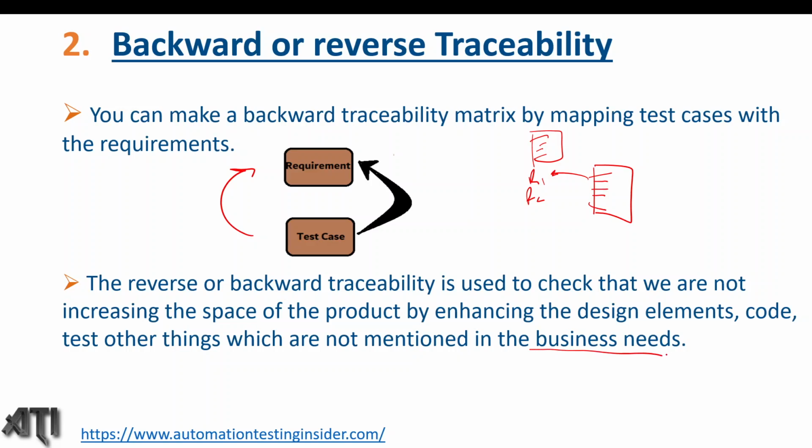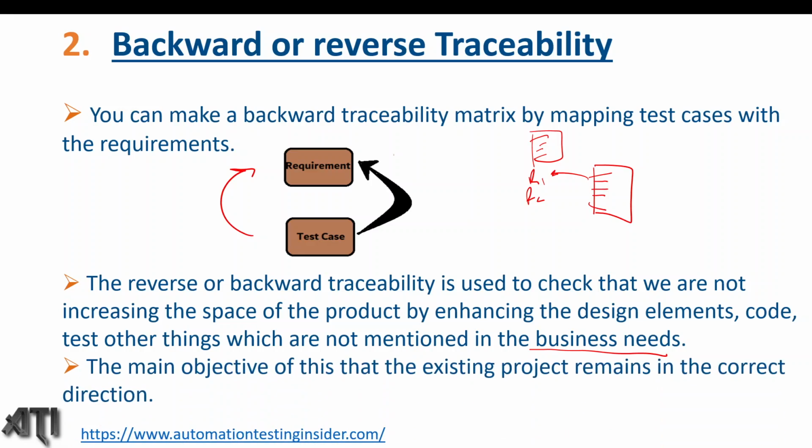This is the main important point of the backward traceability matrix. Basically we use this when the scope of development is not changing frequently, right? The main objective is that the existing project remains in the correct direction.